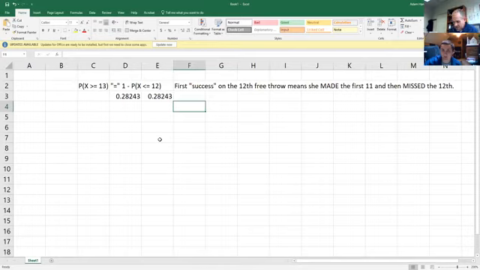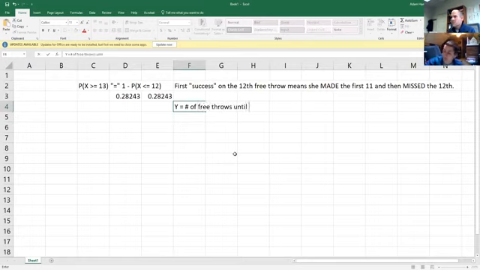And this is a different random variable, right? If Y is equal to the number of free throws until the third miss, then how is Y distributed?